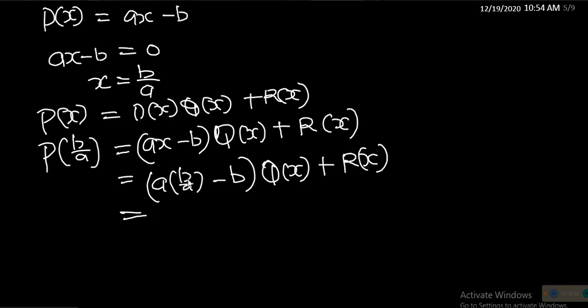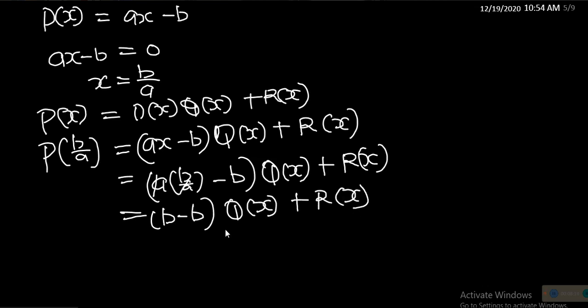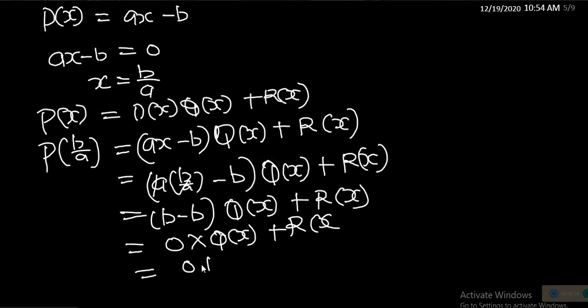So the a will cancel the a here, and then we have b minus b into q of x plus r of x. b minus b is 0, 0 times q of x plus r of x, and then this is 0 plus r of x, which is r of x.